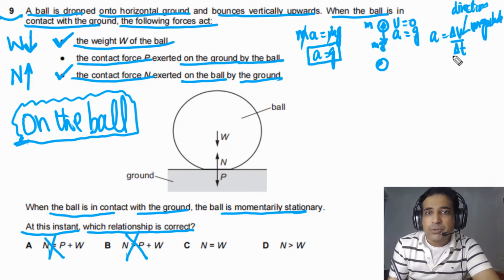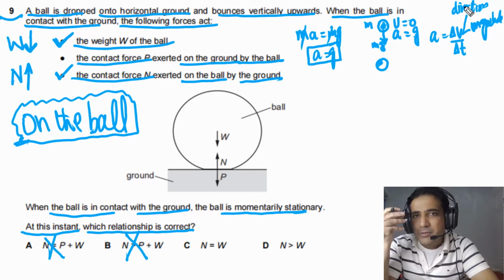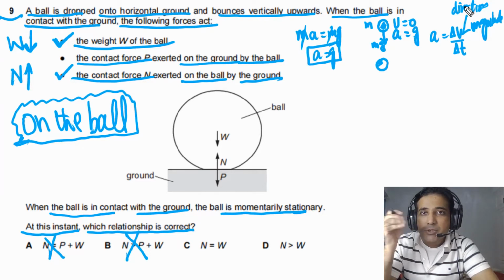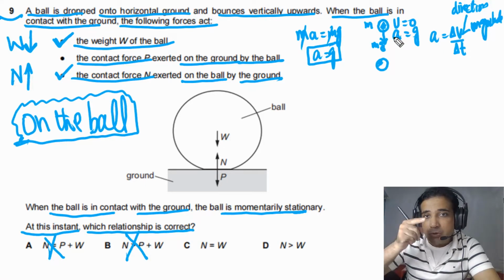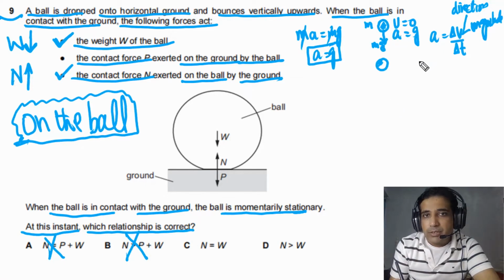Speed is 0. As the direction is changing, there is still a change in velocity, so there is acceleration. This is a very confusing point for many students, or simply we can say it is misunderstood by many students. So in this case, the ball has acceleration because the direction of velocity is changing.